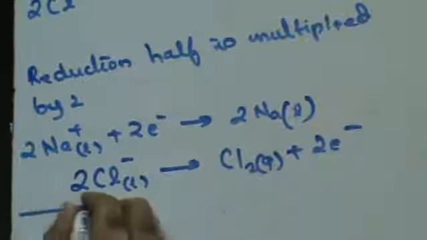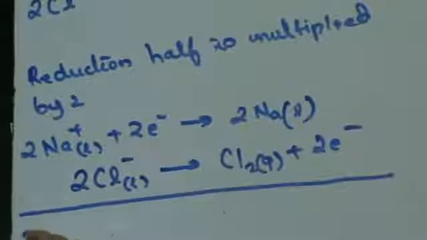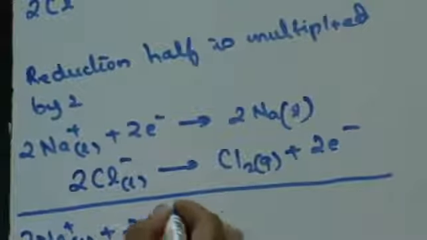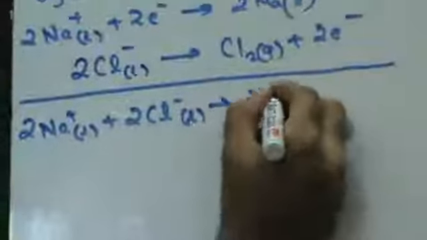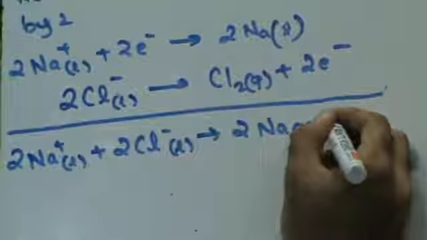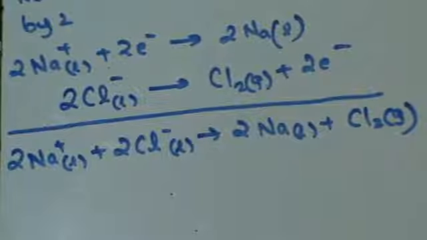If I add the two, my net cell reaction will be, 2 electrons on either side would get cancelled. So I'll get 2 sodium ions in liquid state plus 2 chloride ions in liquid state would give you 2 sodium in liquid state plus chlorine gas. That would be my net cell reaction that I would have.